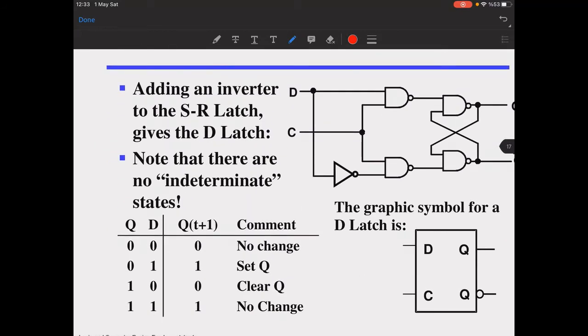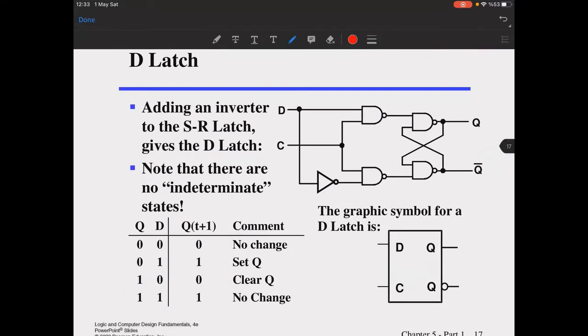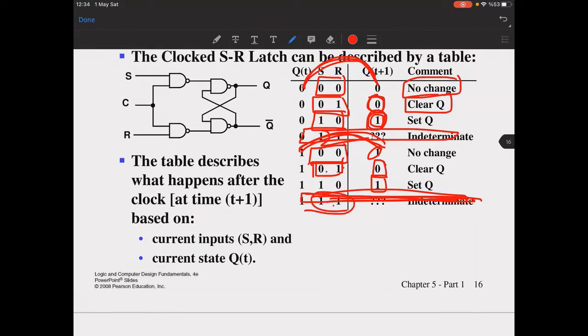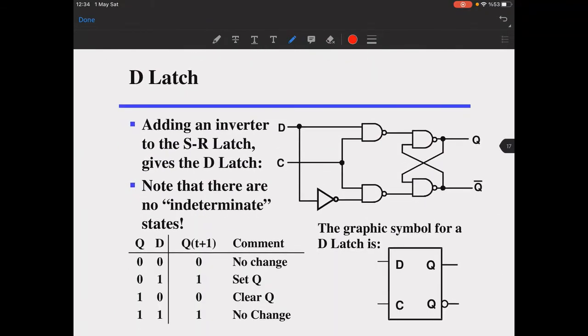So if you want to get rid of the indeterminate states here, like these forbidden combinations, 1 1 or 0 0 in the previous latches, the D-latch or data latch is introduced.